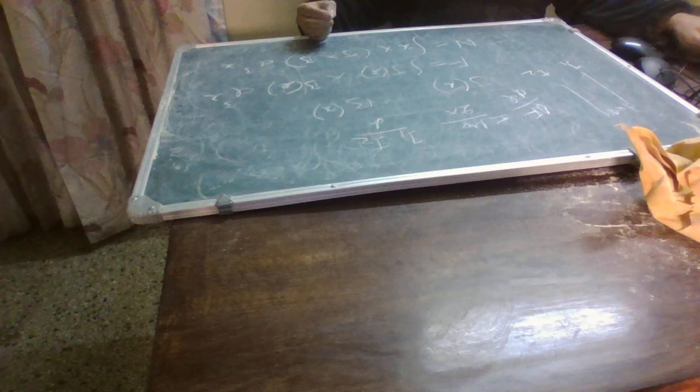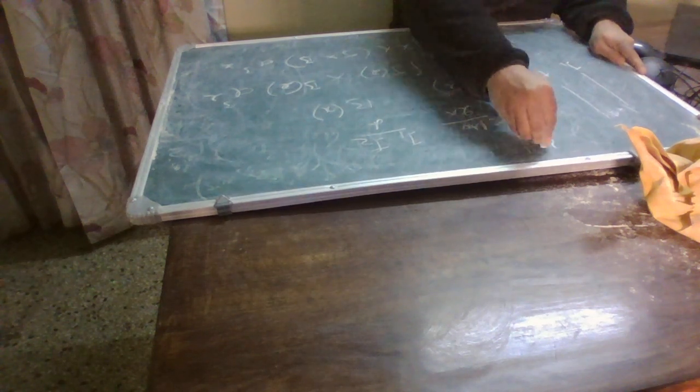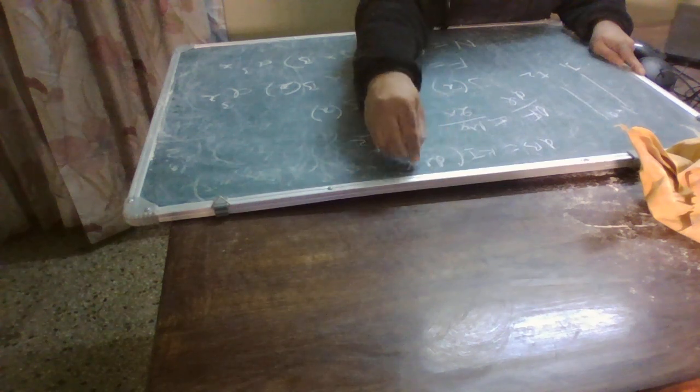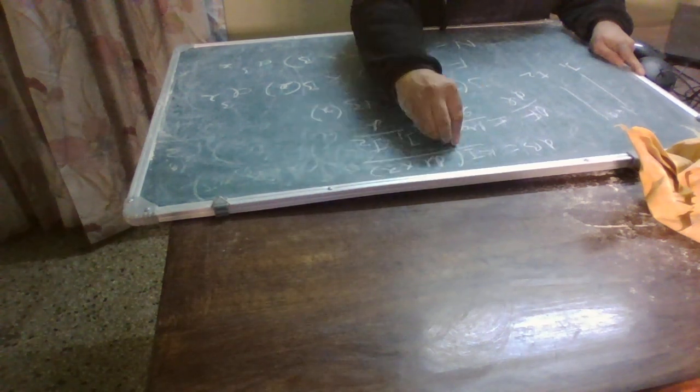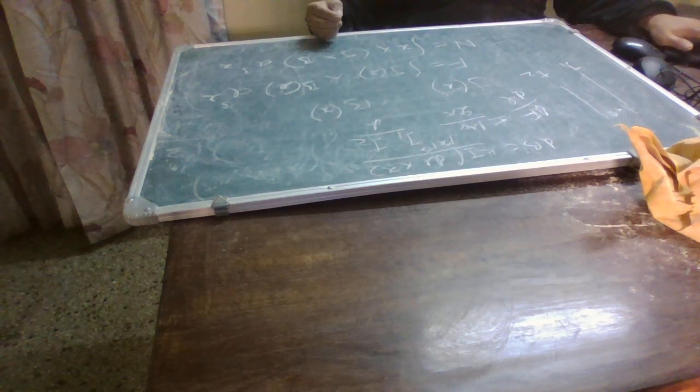Let's write the basic law for the magnetic induction, which is defined by this equation: dB equals K i dl cross x by x cubed. Let's write this equation in terms of the current density.